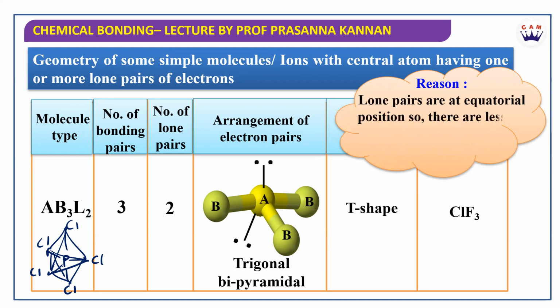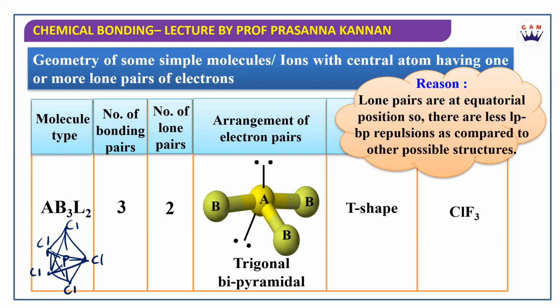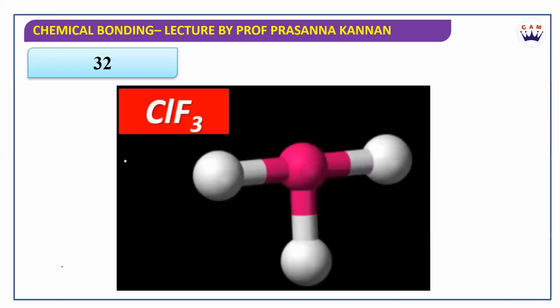Lone pairs are at equatorial positions, so there is less LP-BP repulsion as compared to all other possible structures. We'll understand this equatorial position shortly. Okay. See here, guys. Now, what will happen is, listen here. Observe carefully. Are you able to visualize this? I should choose a different color.